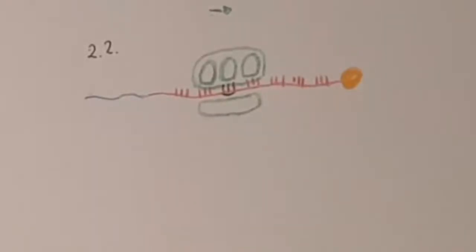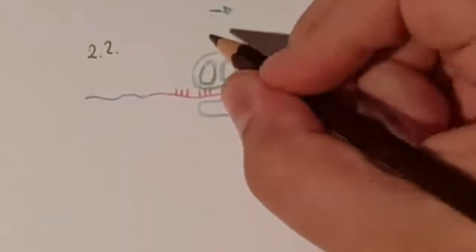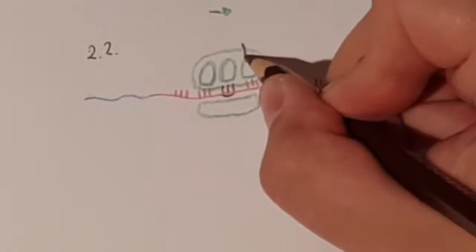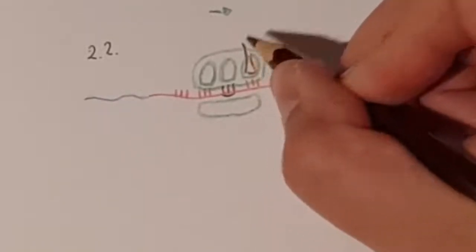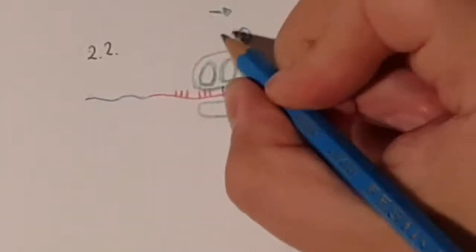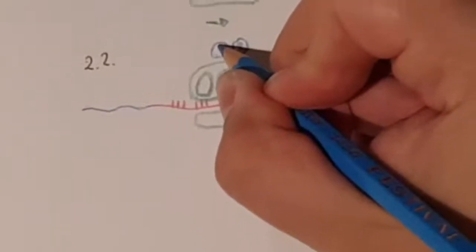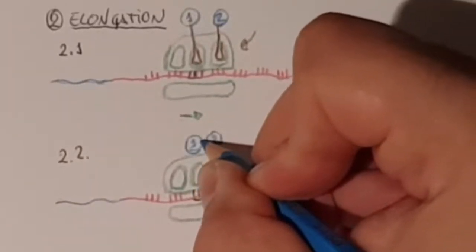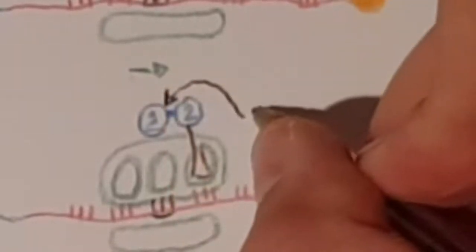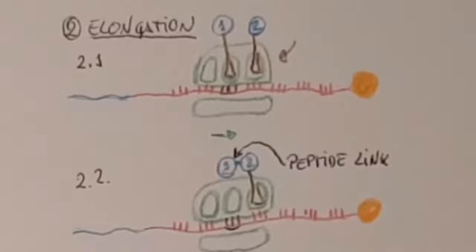Now what's the difference between 2.1 and 2.2? We're going to have tRNAs here with number 2, number 1, and something is going to happen. A link is going to form. This is called the peptide link, and it joins one amino acid to another.